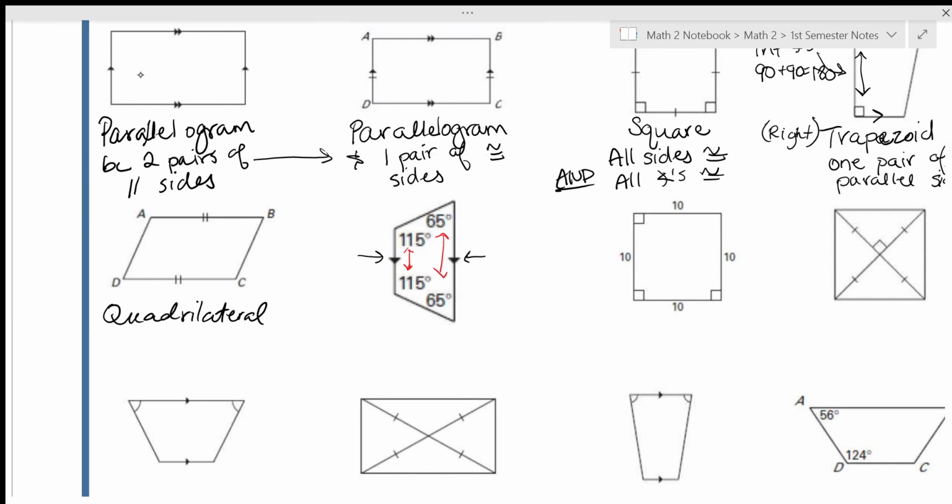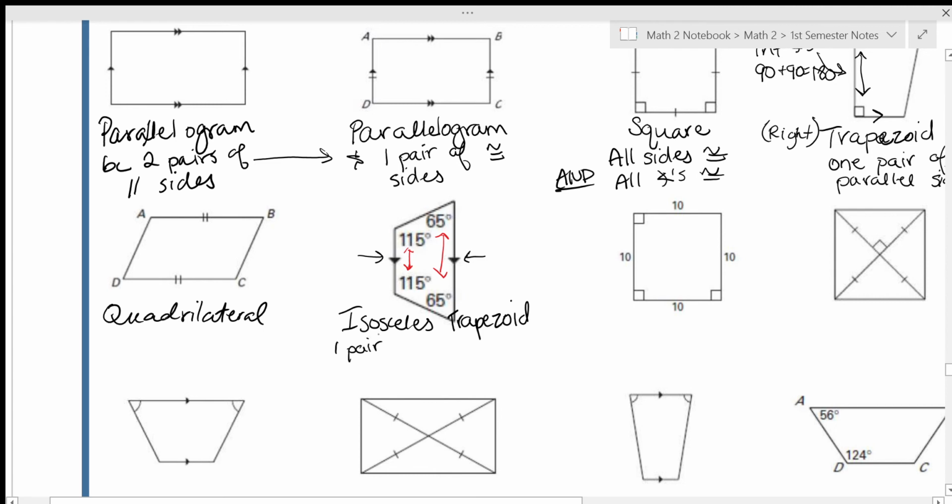So the most specific classification we can give this shape is an isosceles trapezoid, because we have one pair of parallel sides and congruent base angles.